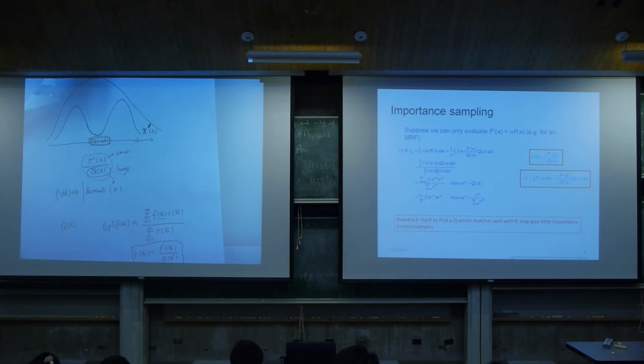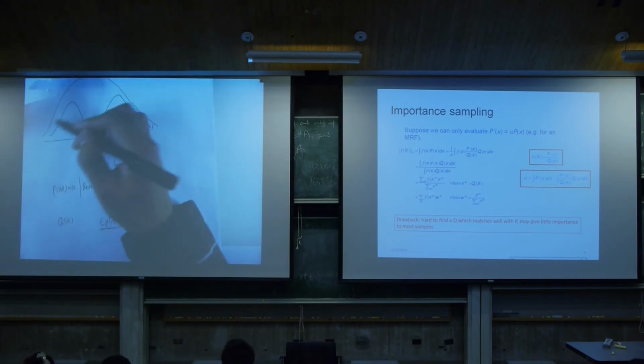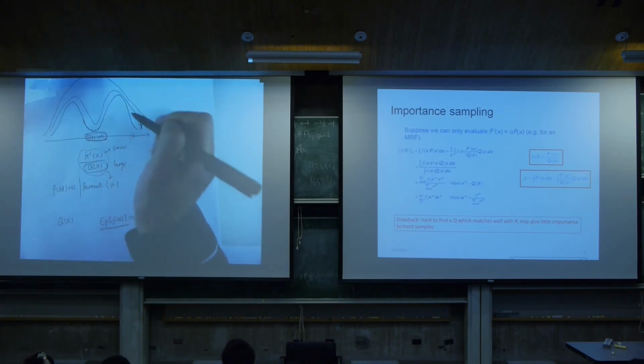And their contribution to this expectation is very small and can even be neglected. So that's the problem of importance sampling. In practice, it's very hard for us to find a Q which matches well with P. Match well means if you choose a Q like this, it matches pretty well.